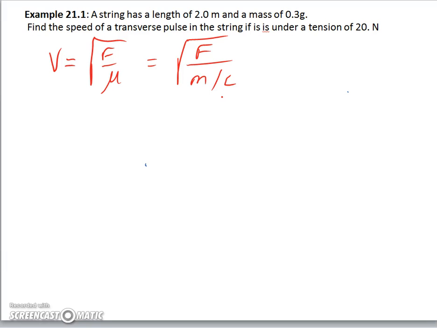So the only place where we might make a mistake here in our substitution is because the mass has been given to us as being equal to 0.3 grams, and we will need to express that in kilograms to have this in SI units.